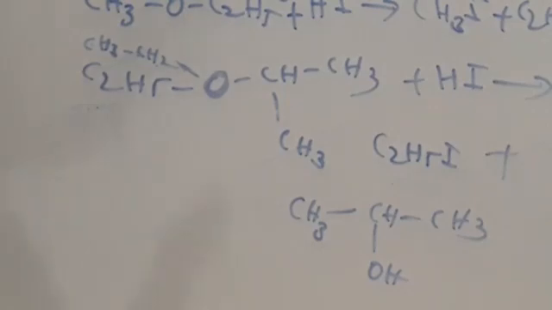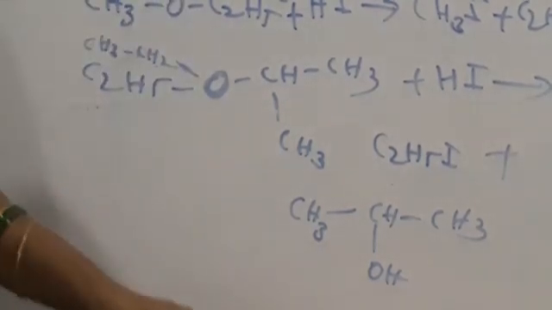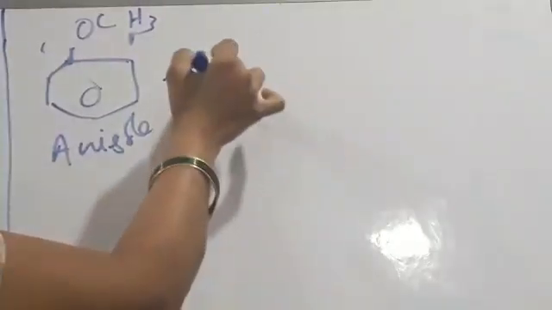Okay. Then coming to aromatic ethers. Next, the reaction of aromatic ethers with hydrogen iodide. So this is anisole. It reacts with hydrogen iodide.